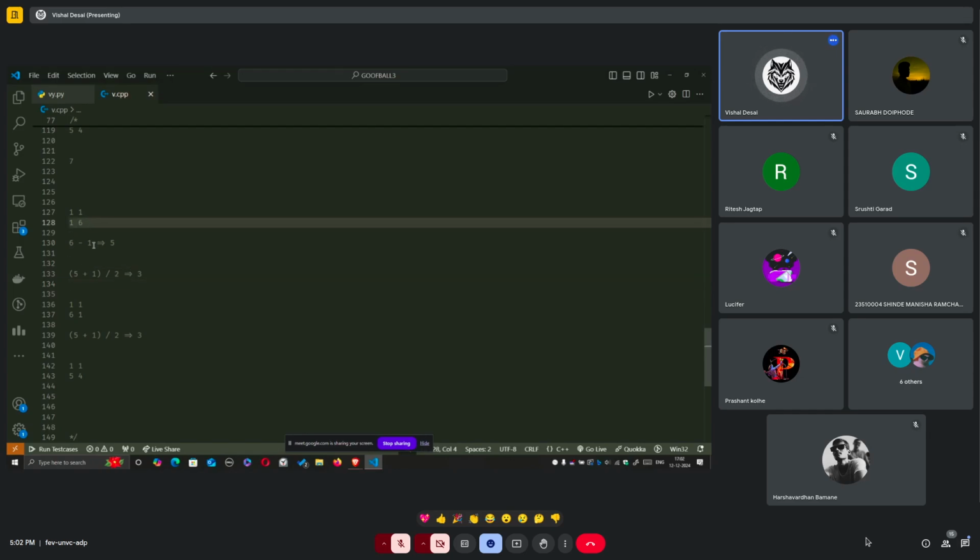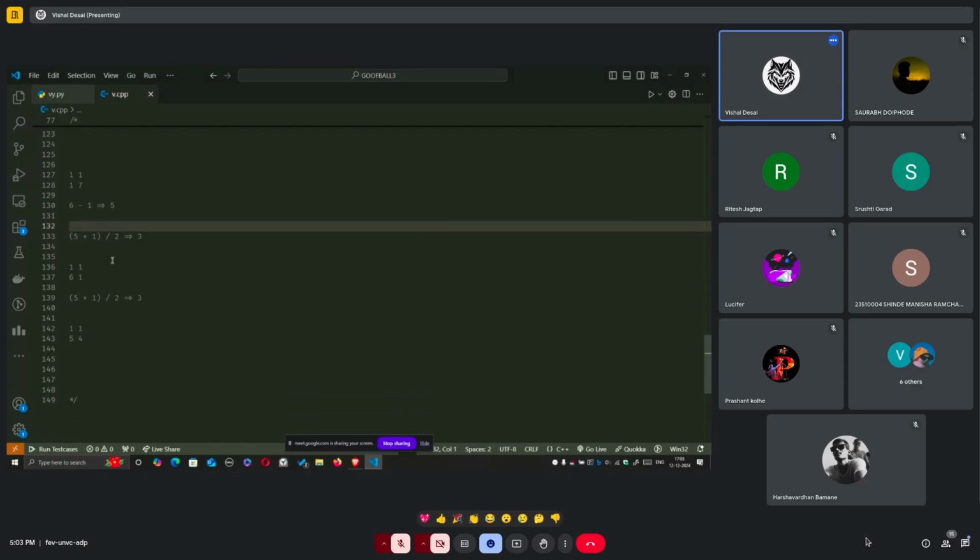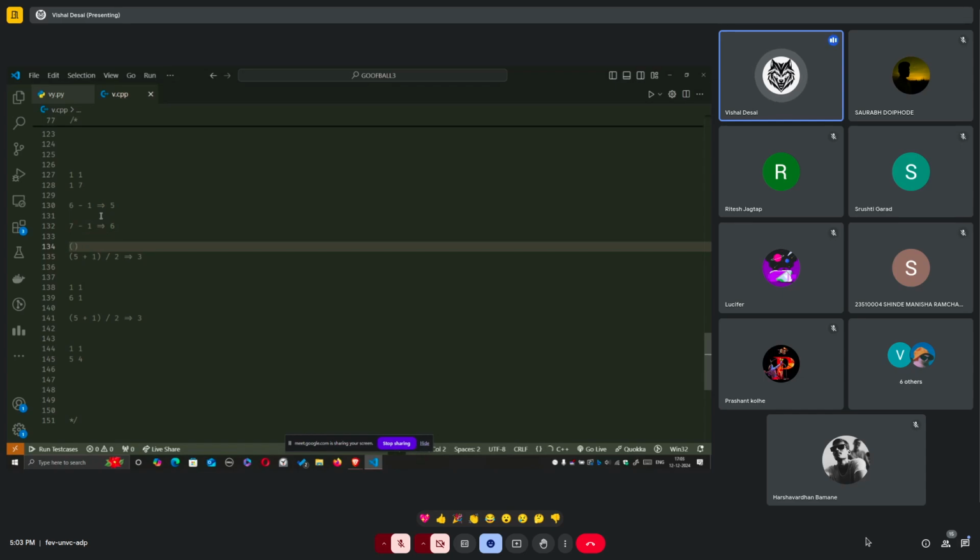So let's say the points were 1 1 and 1 7. Then what will be the answer? Yes, come on, quick. 3. Yeah, correct, 3. Because the distance will come out to be 7 minus 1, that is 6, and the final answer would be 6 plus 1 divided by 2.